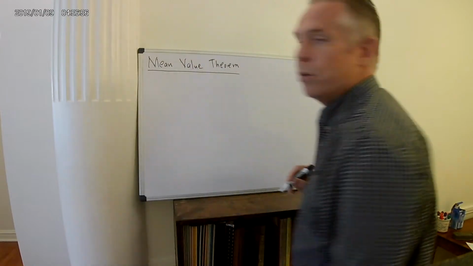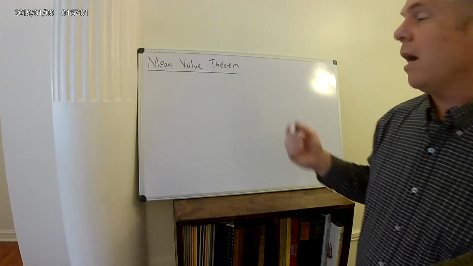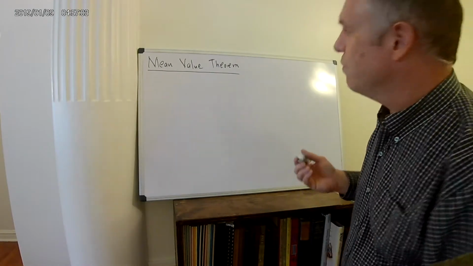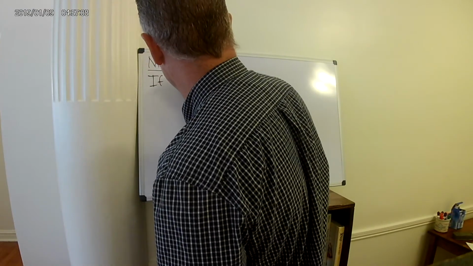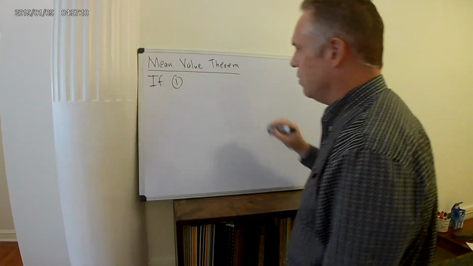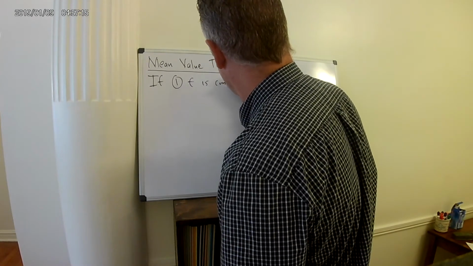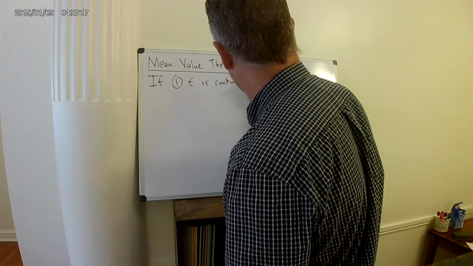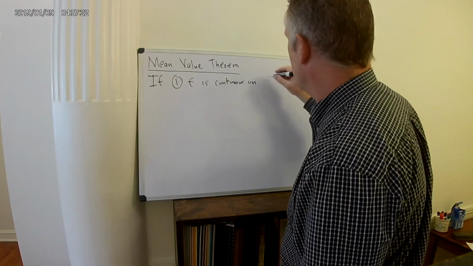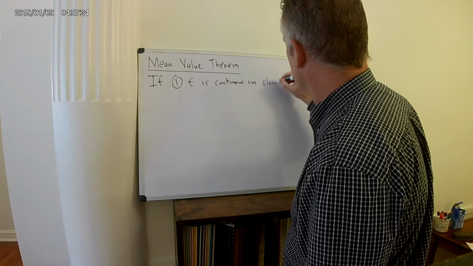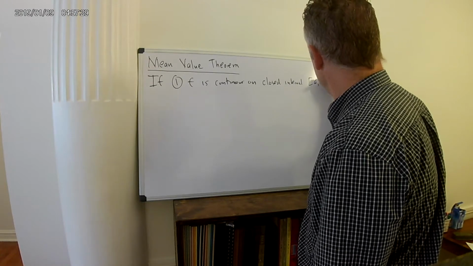Again, I'm not going to prove the mean value theorem, but we will justify it and talk about how it makes sense. The mean value theorem is actually very similar to Rolle's theorem. So there are actually 2 conditions for the mean value theorem. One of the conditions is that f is continuous on the closed interval AB.